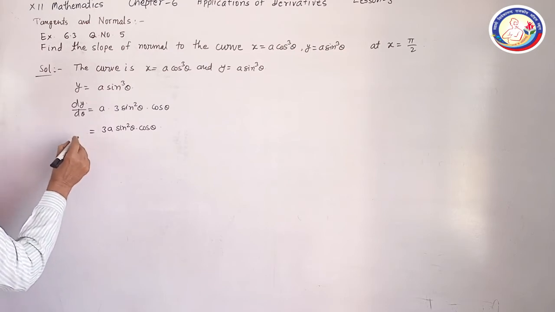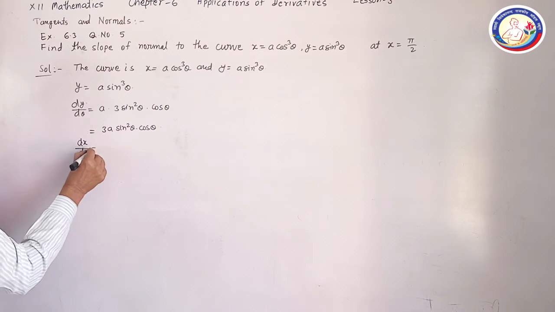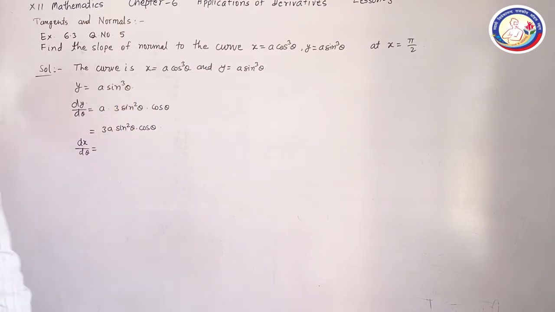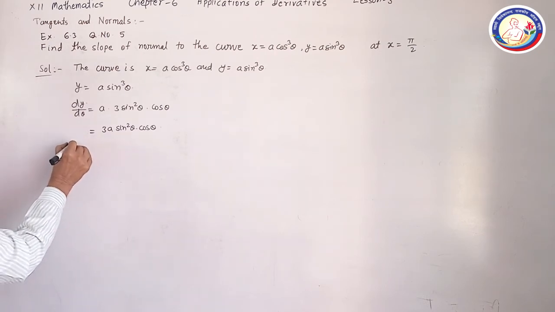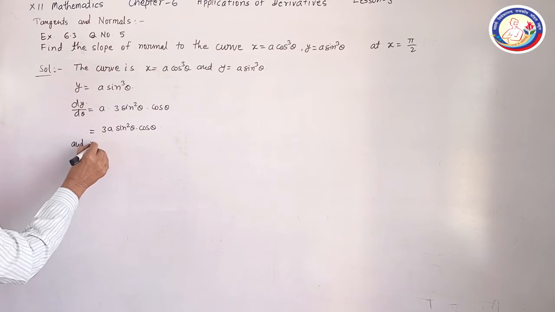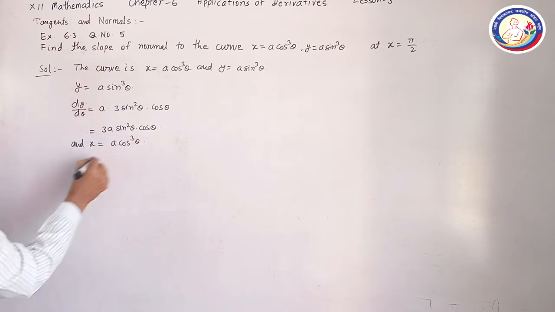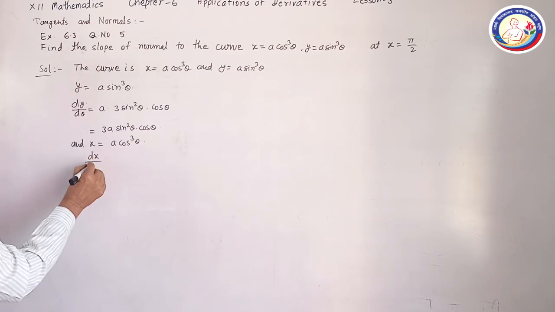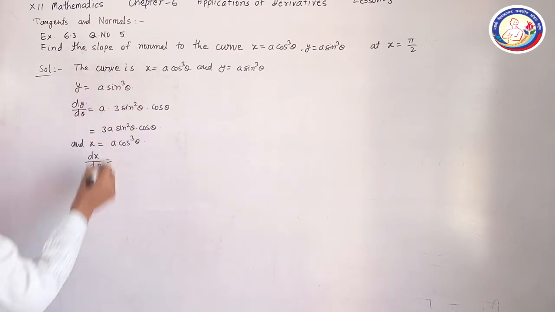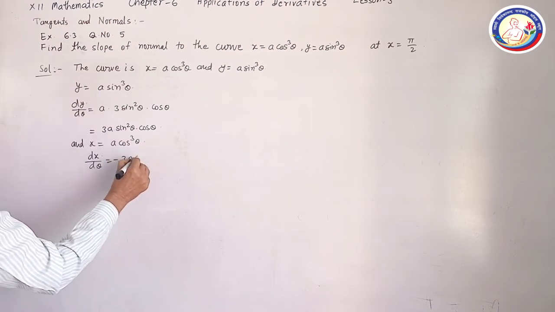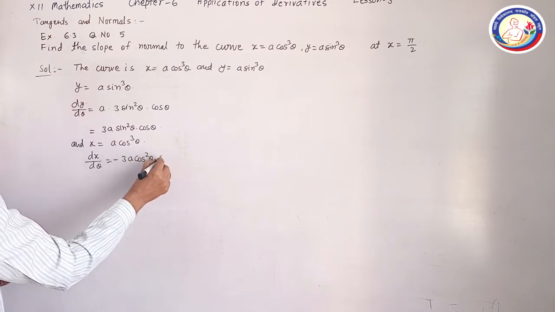Again we proceed towards the derivative of x. It is x equal to a cos cube theta. So the derivative of x with respect to theta will be, in the similar way, minus 3a cos square theta sin theta.